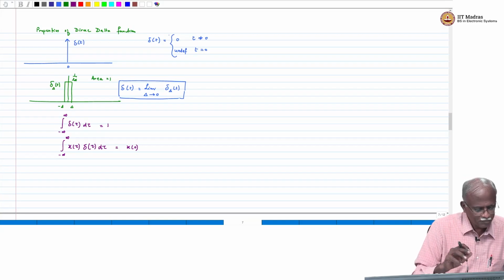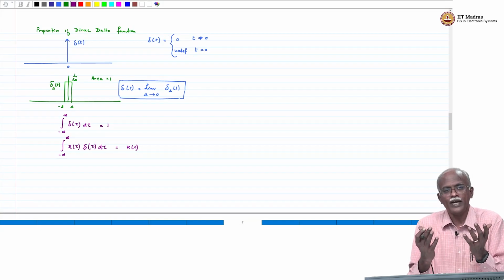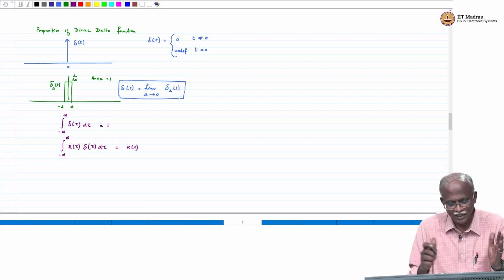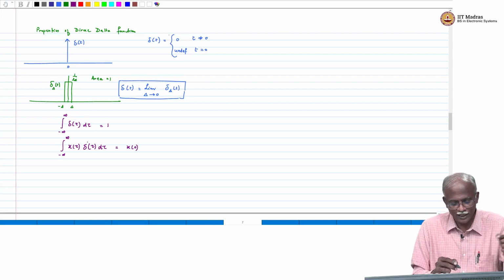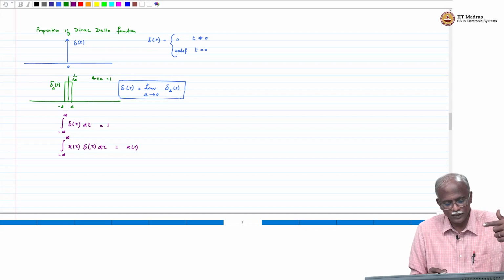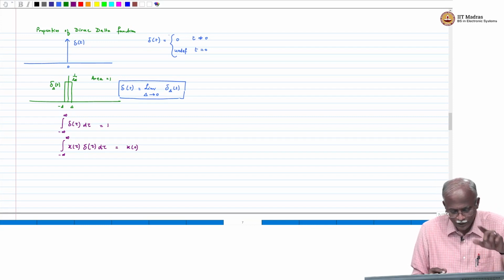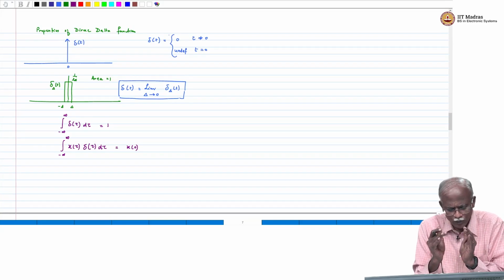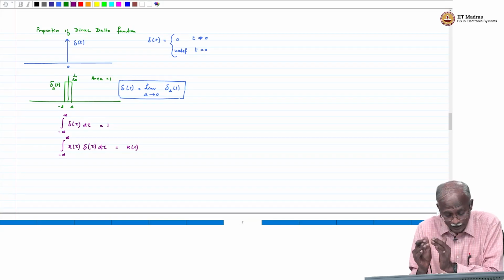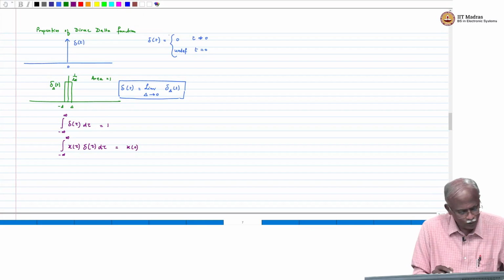So, the only way to define the Dirac delta is through the 2 properties that are listed below. Integral from minus infinity to infinity of delta of tau d tau is equal to 1, and integral from minus infinity to infinity of x of tau delta of tau d tau is equal to x of 0.